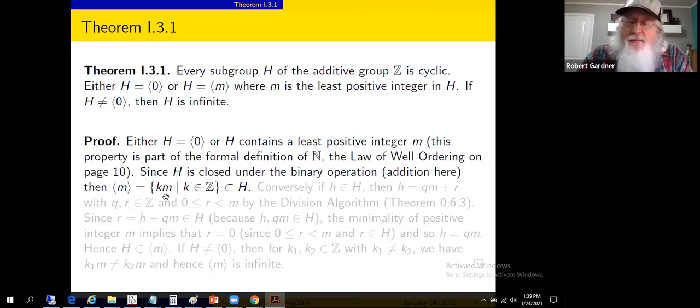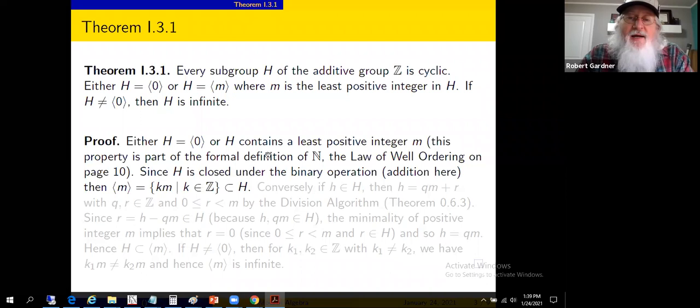So what we get is m, m plus m, m plus m plus m, the additive inverse of m, the additive inverse of m plus m, negative 2m if you like. The meaning of taking an integer multiple, say, in an additive group, or as an exponent, if we were to use multiplicative notation. So we get all integer multiples of m in the group generated by m.